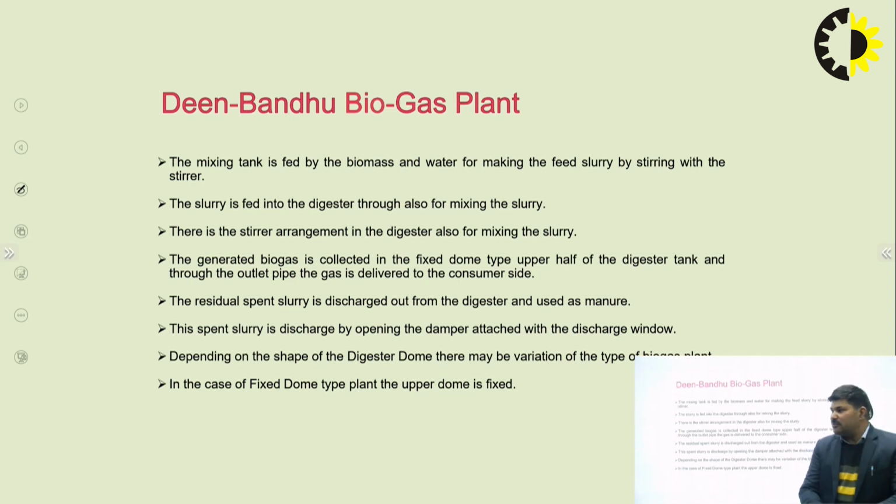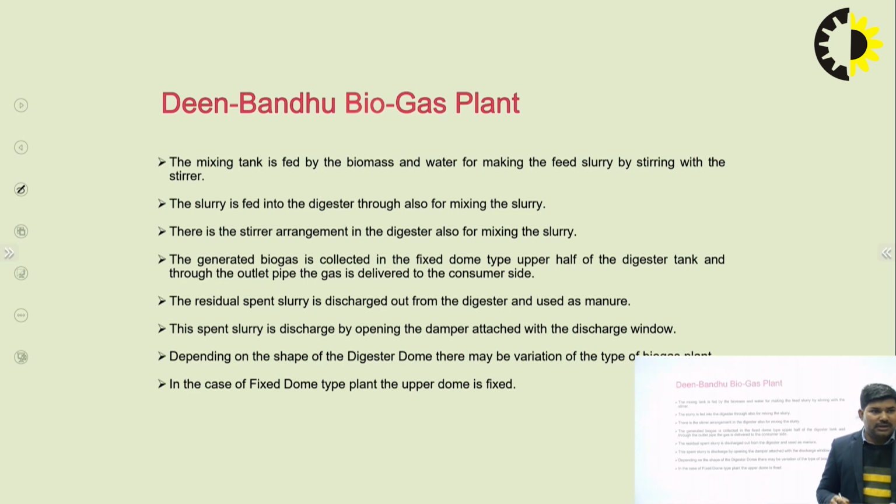In the Deenbandhu biogas plant, the mixing tank is fed with biomass and water for making the feed slurry by stirring with a stirrer. The slurry is fed into the digester through the mixing tank, and there is also a stirrer arrangement in the digester for mixing the slurry.